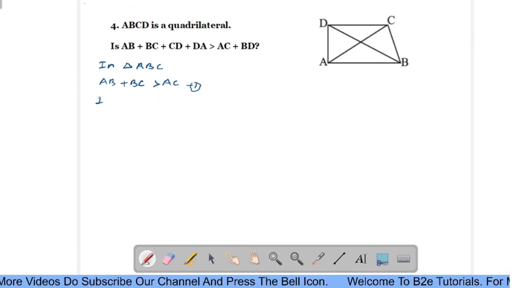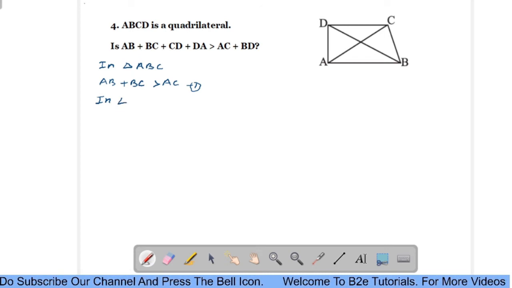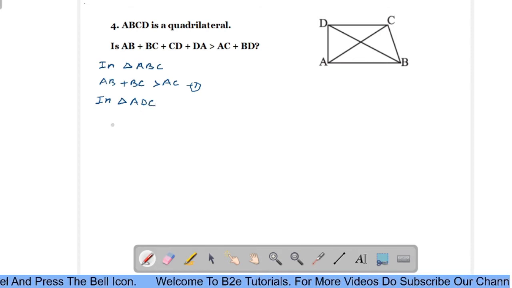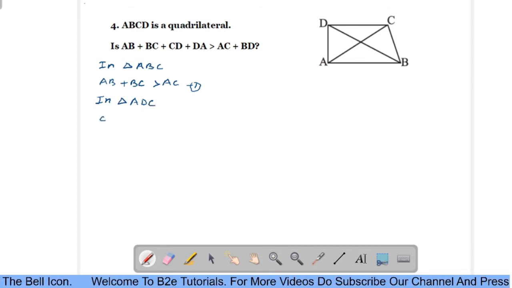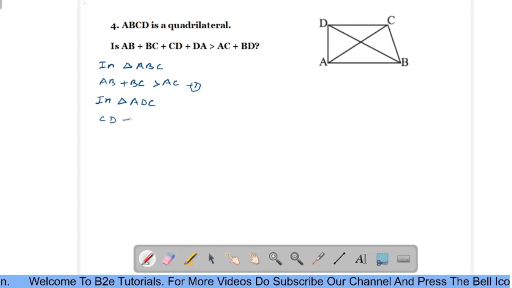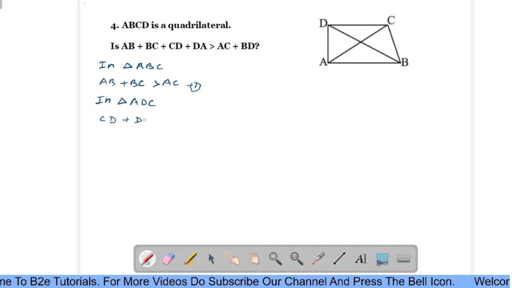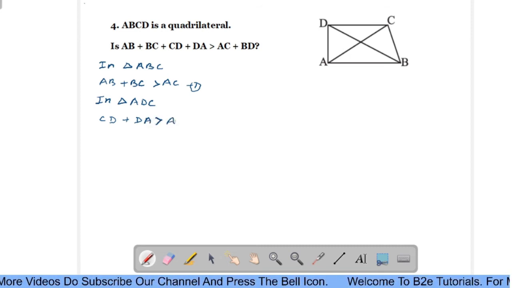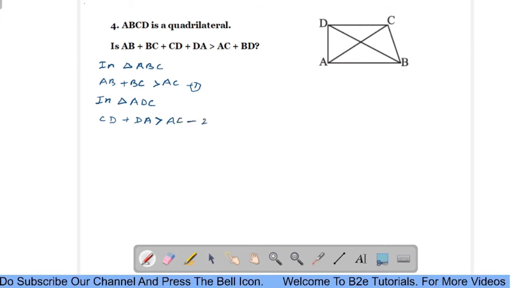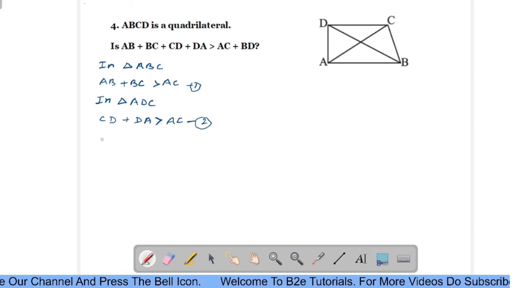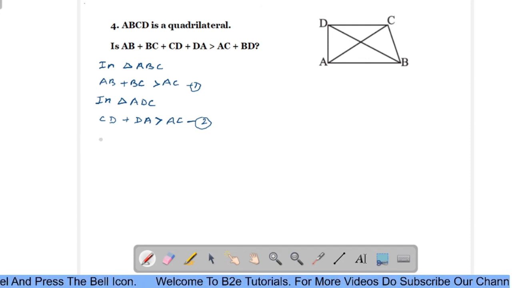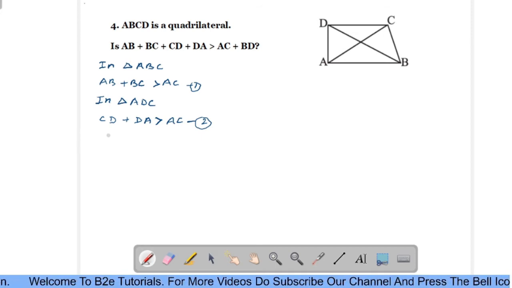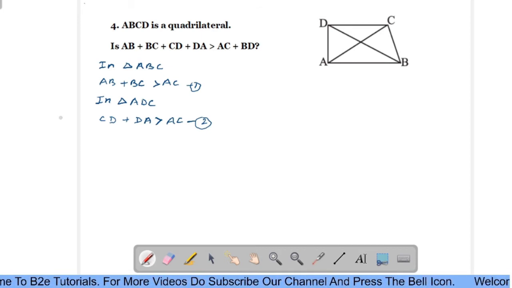In triangle ADC, CD plus DA is greater than AC. This is your second equation. Now take the other diagonal, that is BD. It divides the quadrilateral into two triangles, that is ABD and BCD. Take triangle ABD.